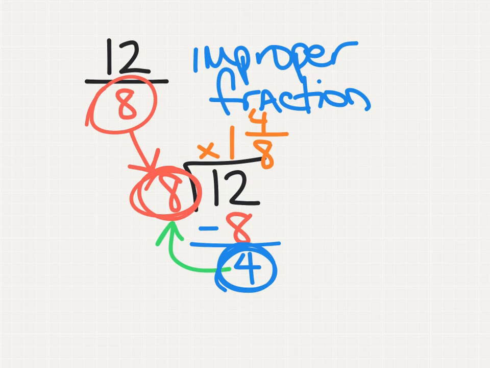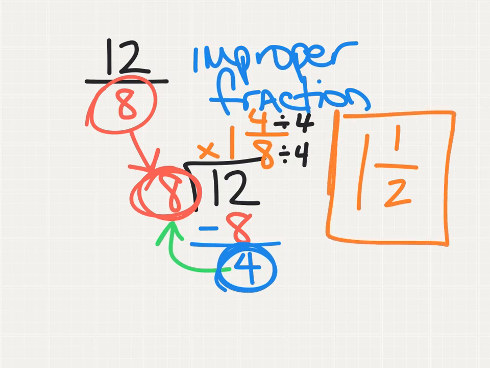Now, you'll remember you're always expected to simplify your fractions. And I see right away that both 4 and 8 share the greatest common factor of 4. And when I divide, I have my 1 whole, and then 4 divided by 4 is 1, and 8 divided by 4 is 2, or 1 1/2.